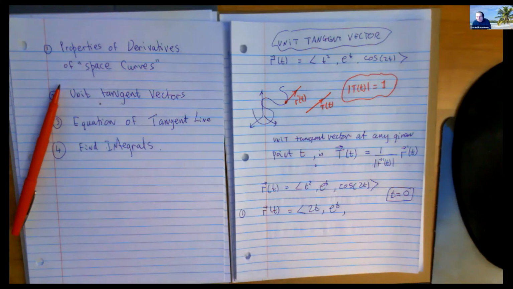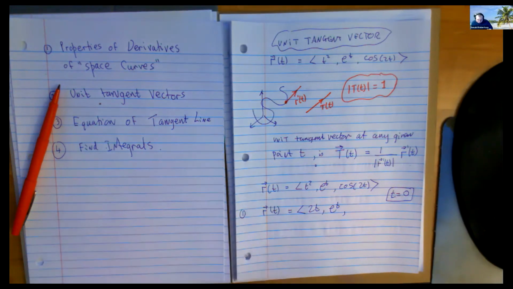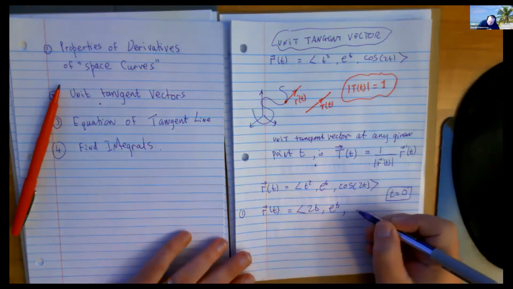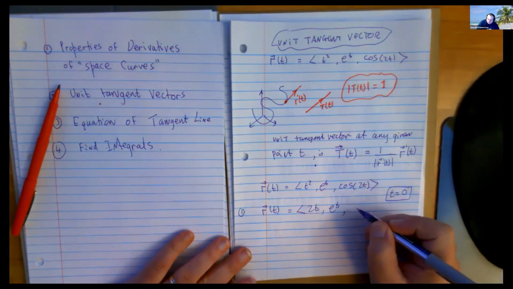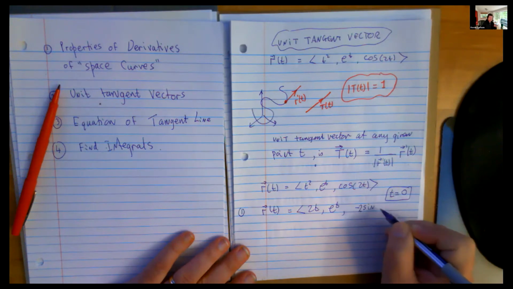Okay, this one catches so many people out, catches me out as well. I'm differentiating the cosine of 2t. It's equal to something, right? What's it equal to? Is it negative sine? Negative 2t. Negative 2 sine 2t. Yes.